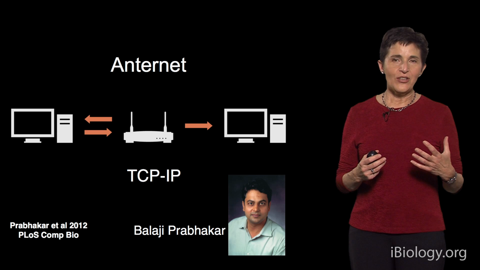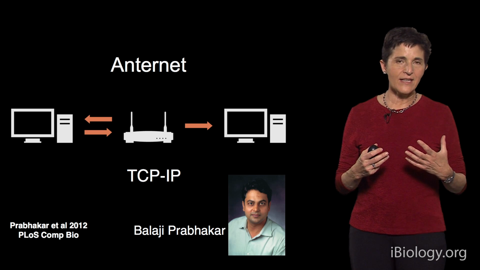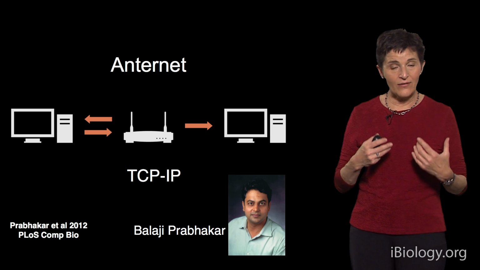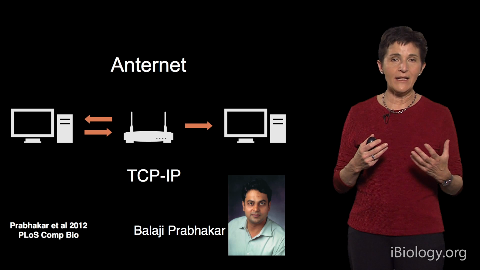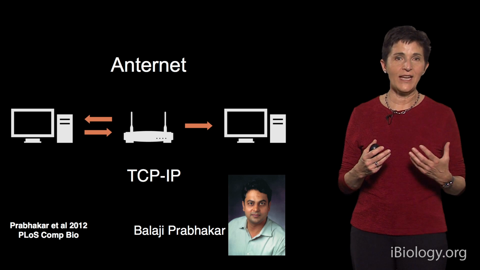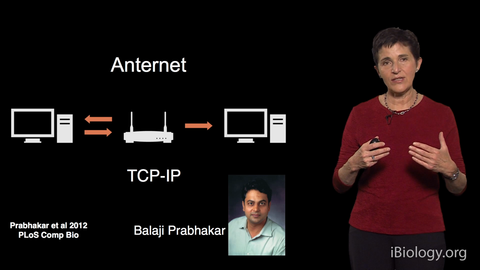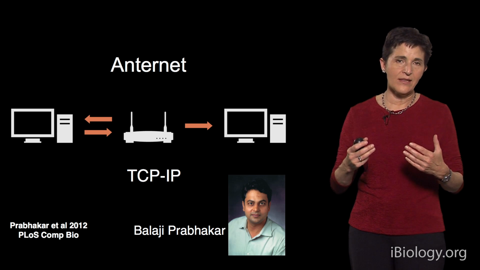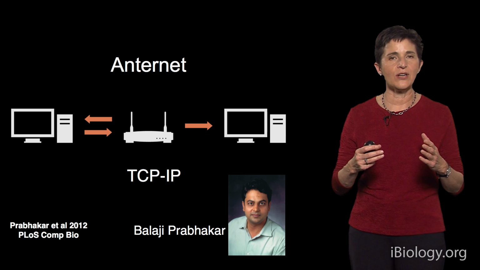The internet uses an algorithm to regulate the flow of data that is very similar to the one that harvester ants are using to regulate the flow of foraging. And Balaji Prabhakar and I call this analogy Anternet. Data doesn't leave the source unless it gets a signal that the previous packet of data that left the source had the bandwidth to go on.